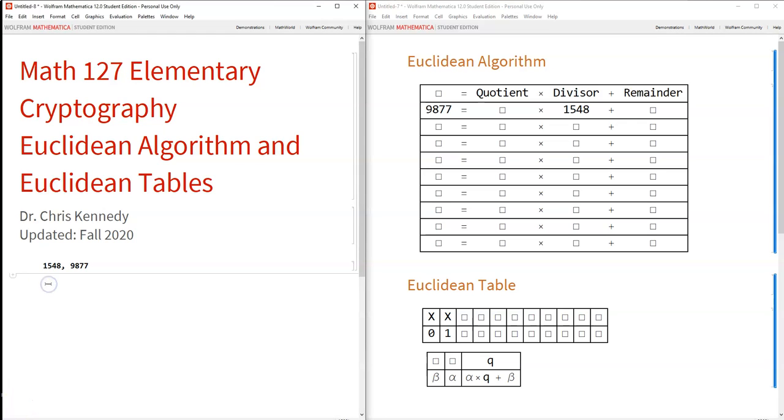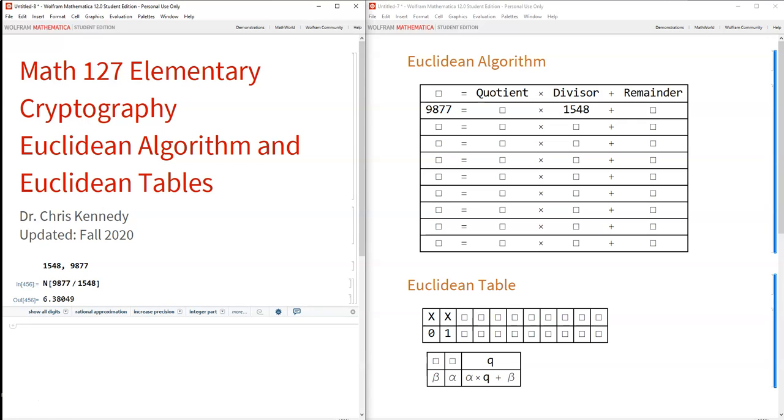Our first step is to compute N of 9877 divided by 1548. That comes out to 6 and change, so the quotient is 6 by rounding down the result.